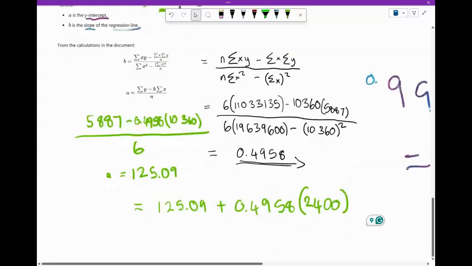What is our predicted cost of the airfare? What is the predicted cost of our airfare?